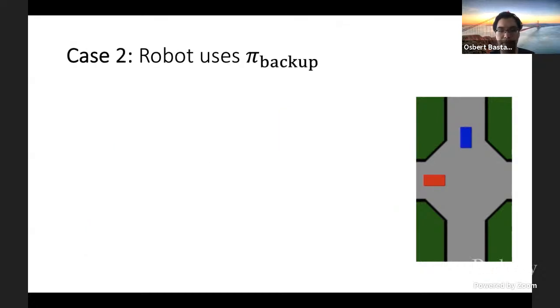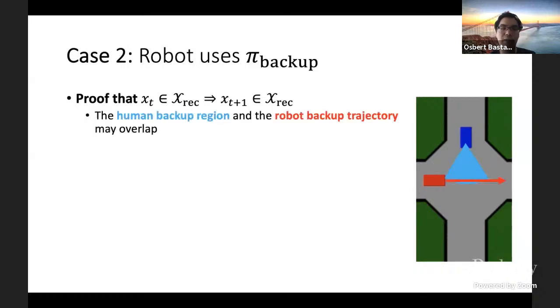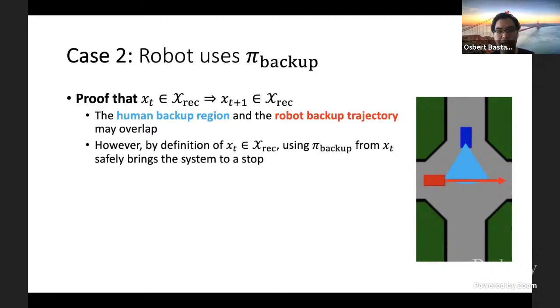The second case is basically the same as before. In the traditional shielding proof, if the robot uses pi backup, again, we need to prove that x_{t+1} is recoverable if we're currently in the recoverable set. In this case, the human backup region and the robot backup trajectory might overlap, but by definition of recoverability, if we use pi backup from x_t, we're going to bring the system safely to a stop.